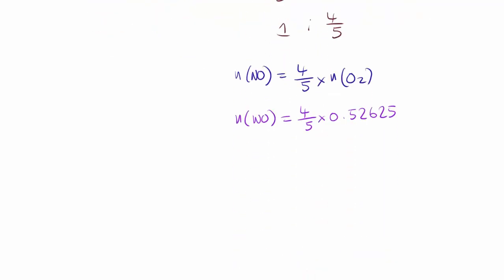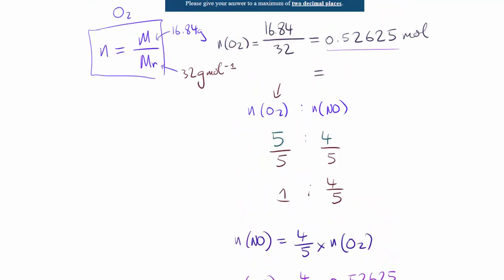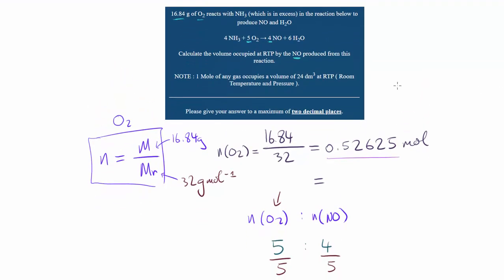If you work that out, you get 0.421 moles. So this is the number of moles of the nitric oxide. Remember, what we've been asked to work out is the volume occupied by the nitric oxide, so there's still some more work to do.